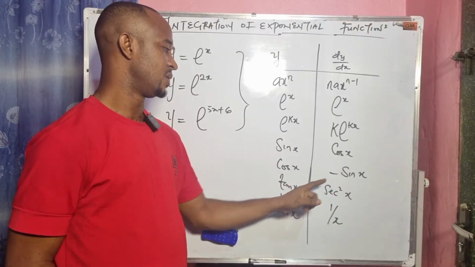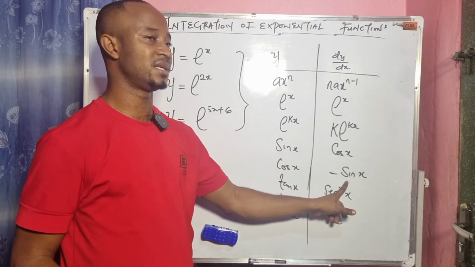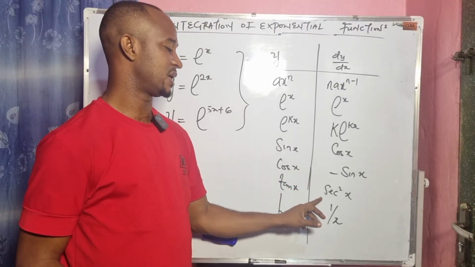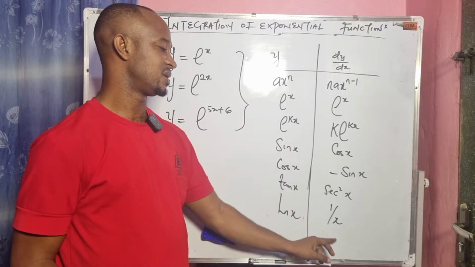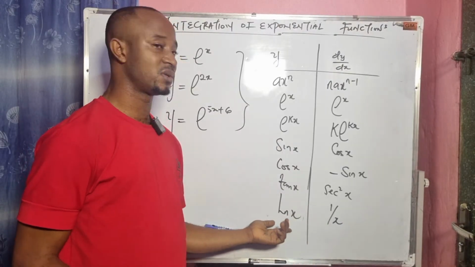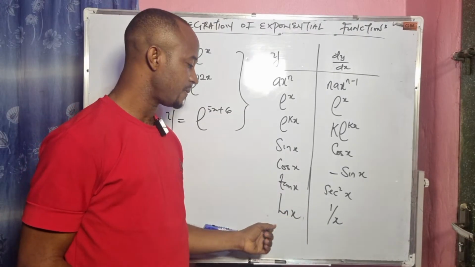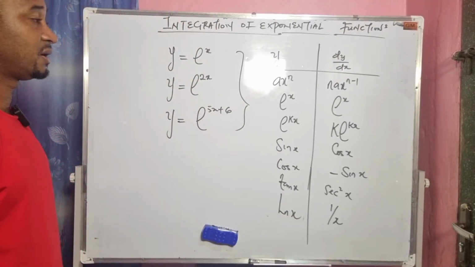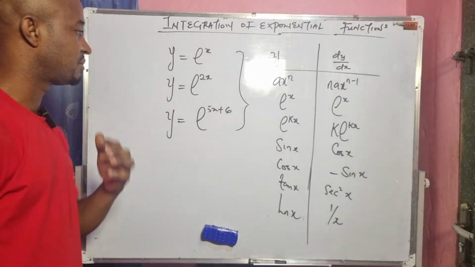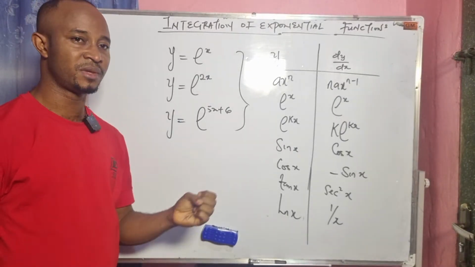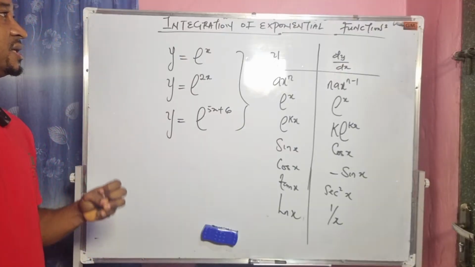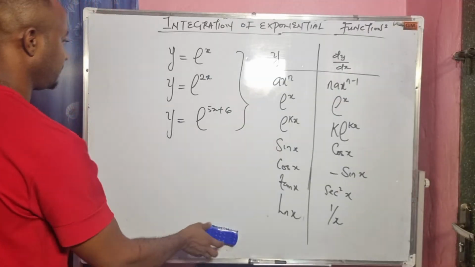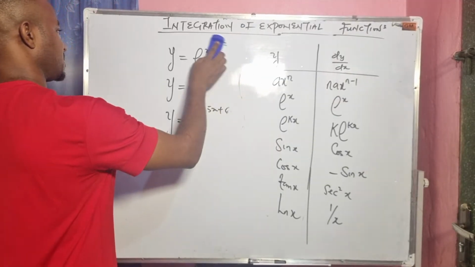So the reverse process becomes integration of sin x will give us minus cos x. Integrating sec squared x will give us tan x. When you integrate 1 over x, the result is ln x. We have talked about some of this in our previous class. If today is your first time joining us, make sure you go to the first class on integration, the second on integration, the third on integration.